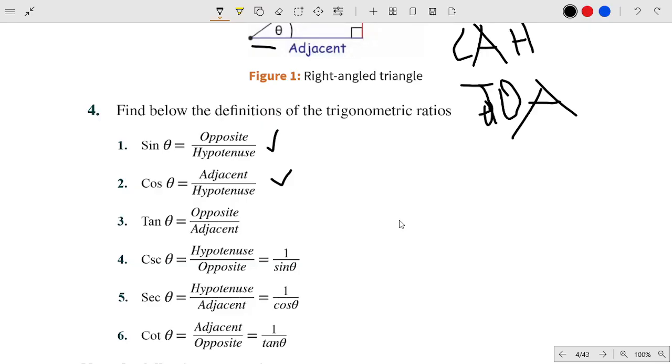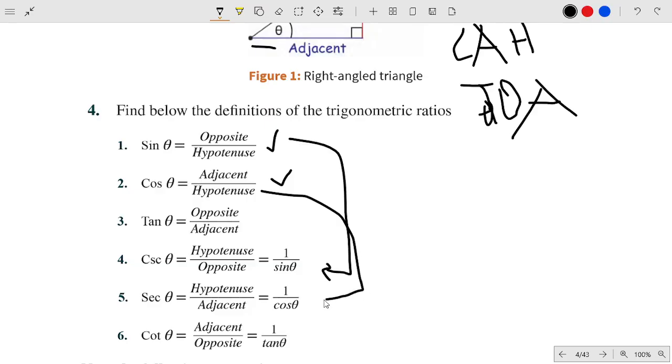Now the last three will be the reciprocals of the first three. We have cosecant, the reciprocal of the sine. Since sine is opposite on hypotenuse, cosecant theta will be the hypotenuse on opposite. Then sec is the reciprocal of the cos.